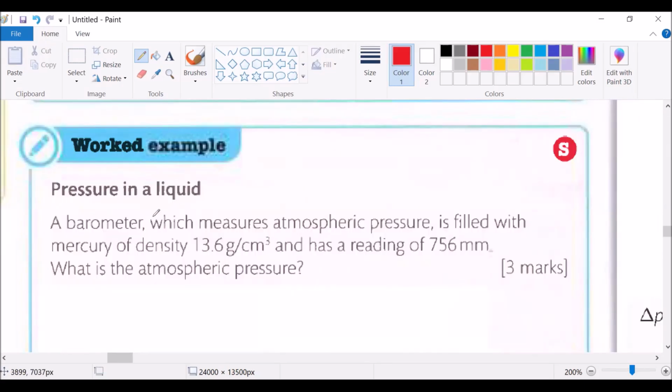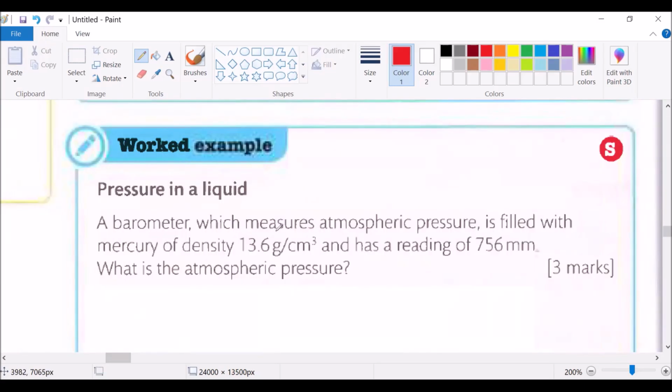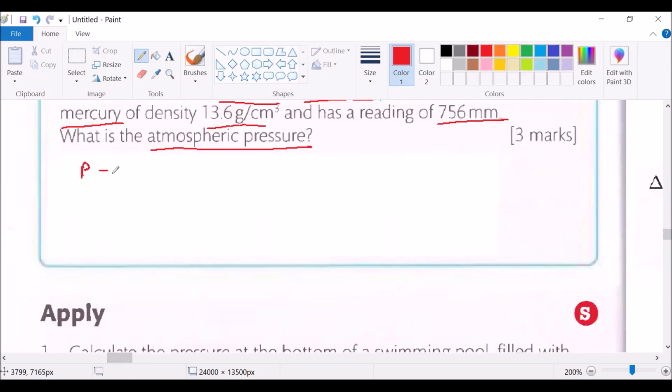Let's look at this question. A barometer which measures atmospheric pressure is filled with mercury of density 13.6 grams per cubic centimeter and has a reading of 756 millimeters. What is the atmospheric pressure? Pressure is equal to rho gh.